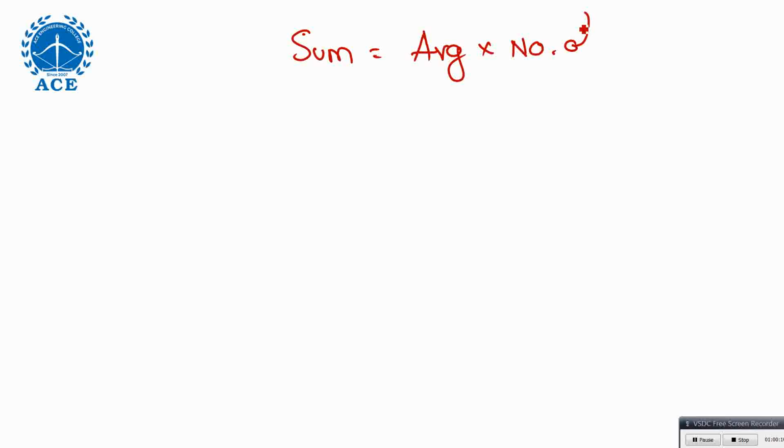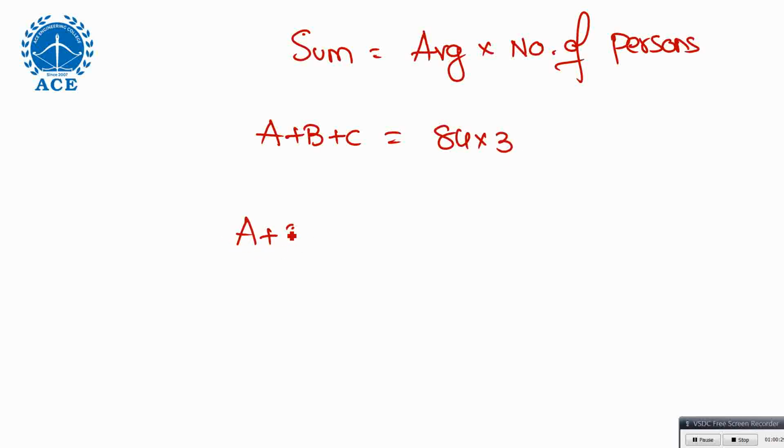Average question we already discussed. You can see one more here. Initially, three people's average is given. So A plus B plus C, average is how much? 84, so 84 into 3. Then D joined the group, meaning A plus B plus C plus D, average is 80, so 80 into 4.